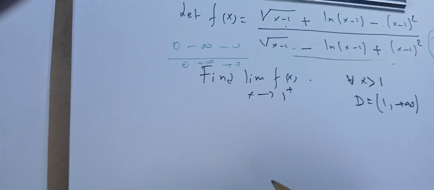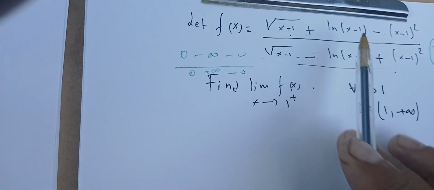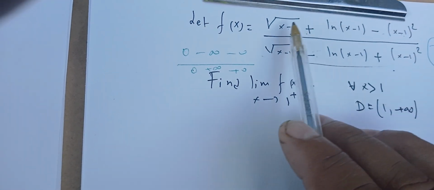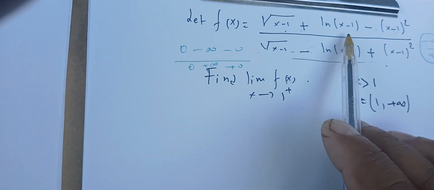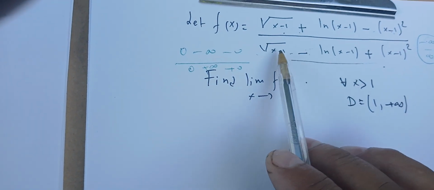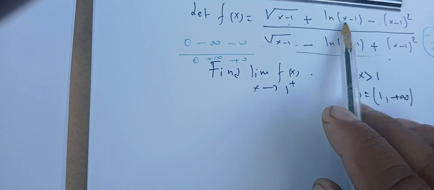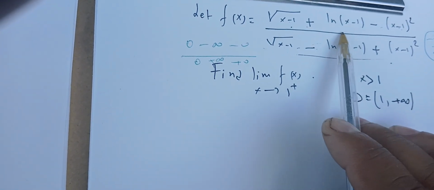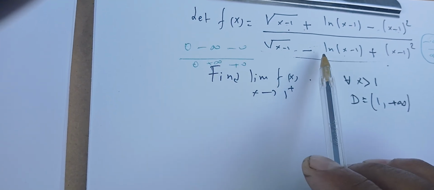Okay, now let's solve this problem. In this kind of problem, if we divide everything by the square root of x minus 1, we're gonna have 1 on top and on the bottom, and this one is still gonna have the plus infinity over minus infinity. That's the issue here.